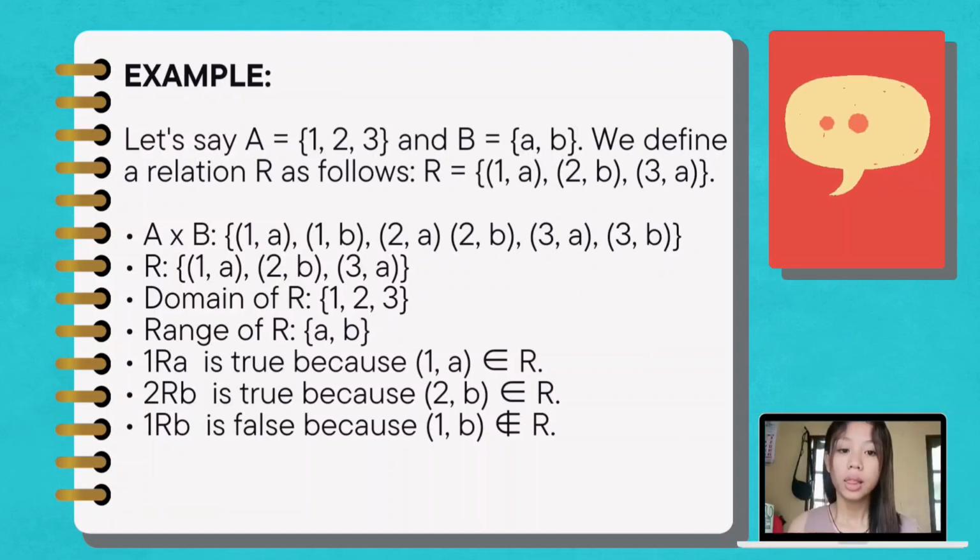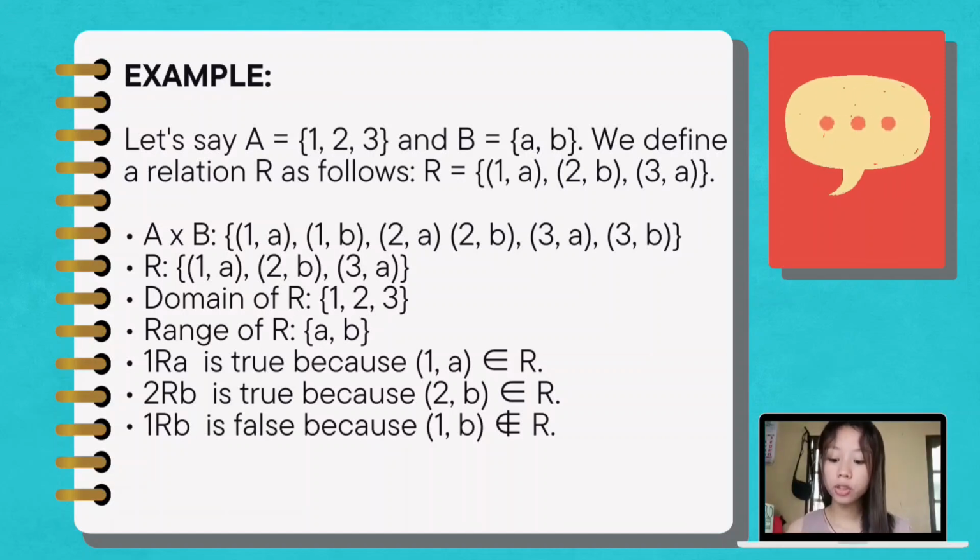So now, let's define if this relation is true. Is 1 related to A? It is true because ordered pair (1,A) is an element of R. Is 2 related to B? It is also true because ordered pair (2,B) is an element of R. Is 1 related to B?